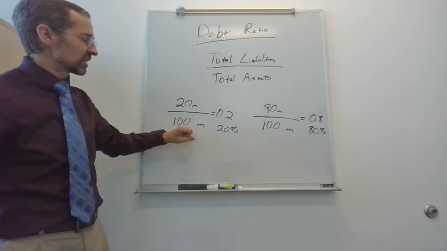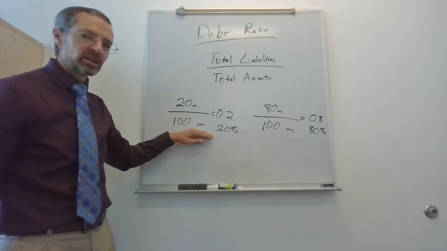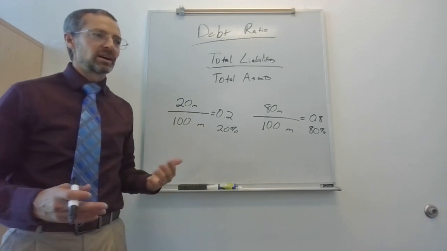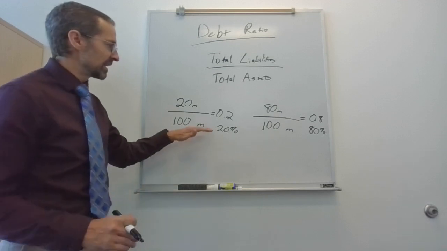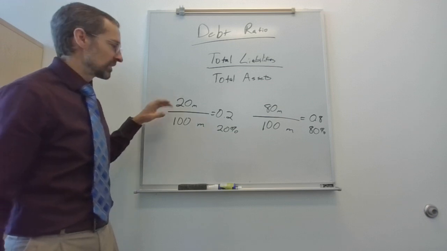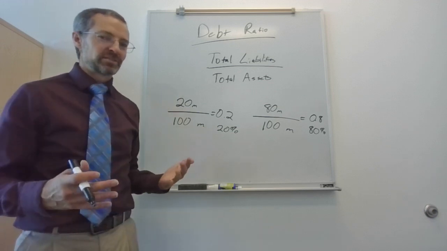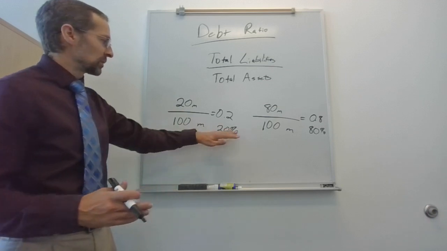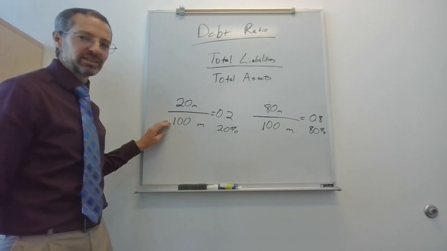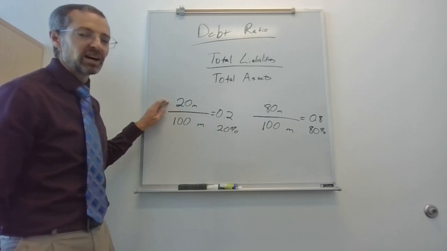In this case, the company probably funded a lot of its assets, like equipment or inventory, and you've paid for it, right? So you don't owe a whole lot on it. You might have paid cash for it or at least paid off the debt that you used to buy it. So for every dollar that you own, you owe 20 cents on it.